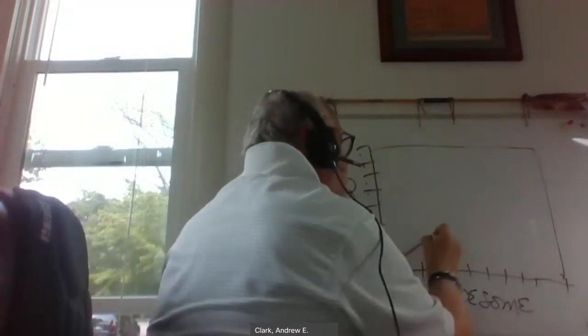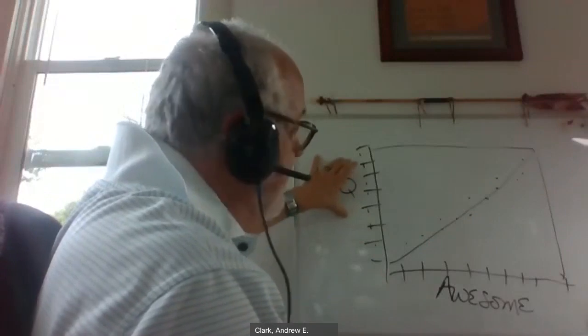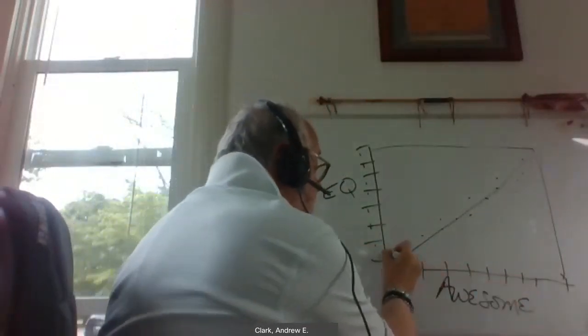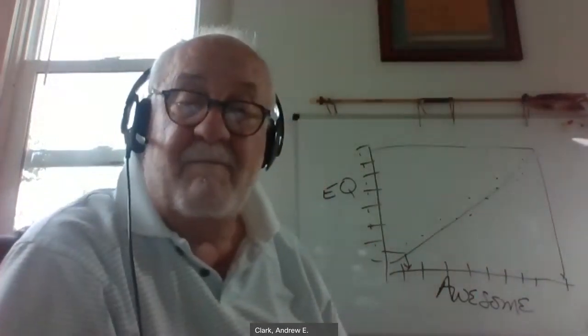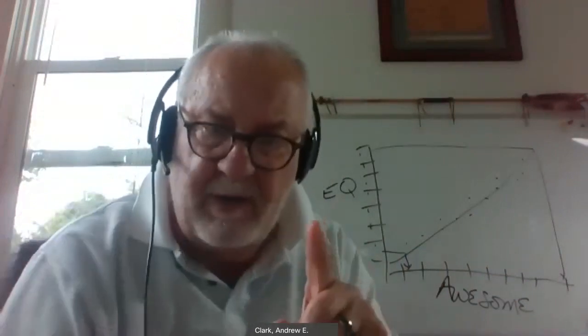So what you see is a perfect positive scatter plot that shows you cause and effect. The higher you are in intelligence, the more awesome you are. And of course, the lower you are in intelligence, the less awesome you are. I thought that's really, really a cool predictor.